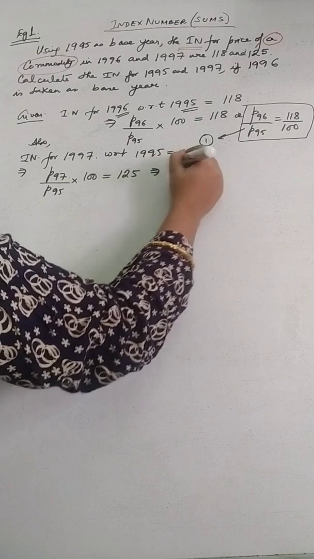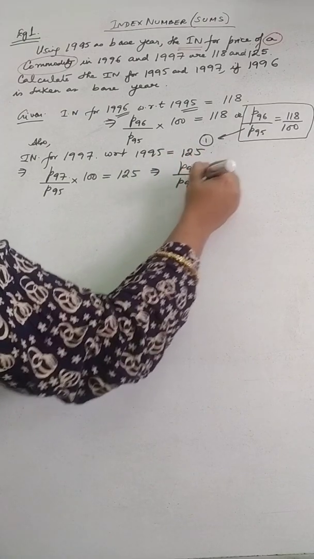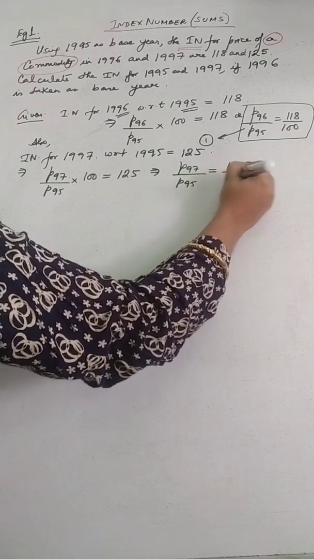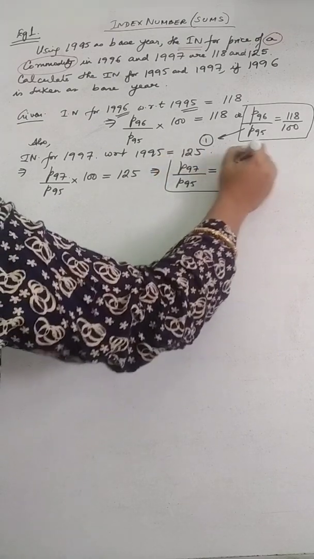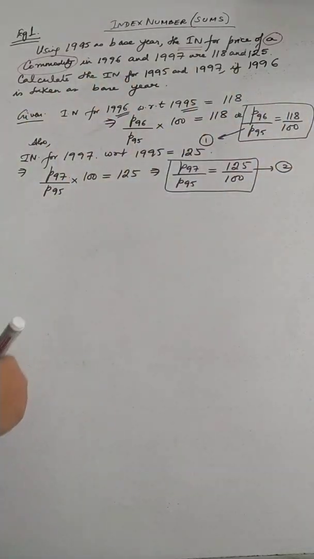In other words, I can write P97 by P95 as 125 by 100. You can simplify it further by dividing by 5, and there also you can simplify further by dividing by 2. I will not do that. Why I will not do that, you will come to understand later.